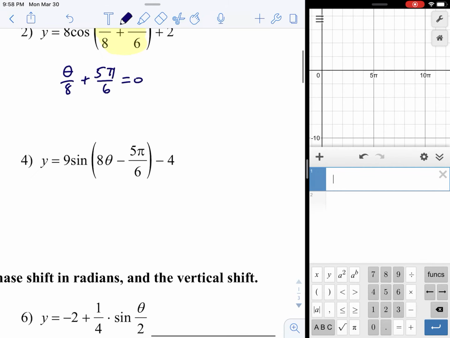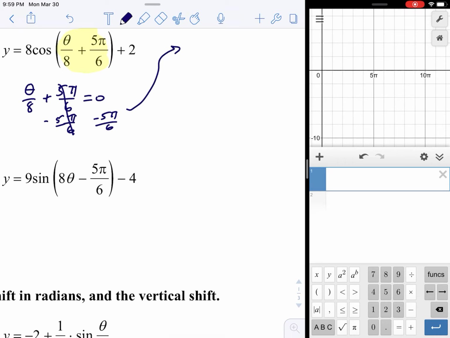So if we want to solve this, we're going to subtract 5 pi over 6. And I didn't really give myself a lot of room here, so you get theta over 8 equals negative 5 pi over 6.